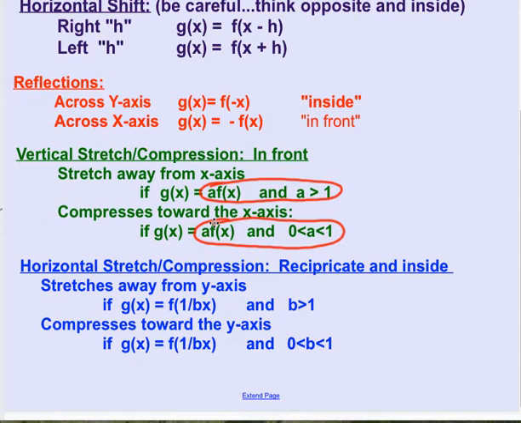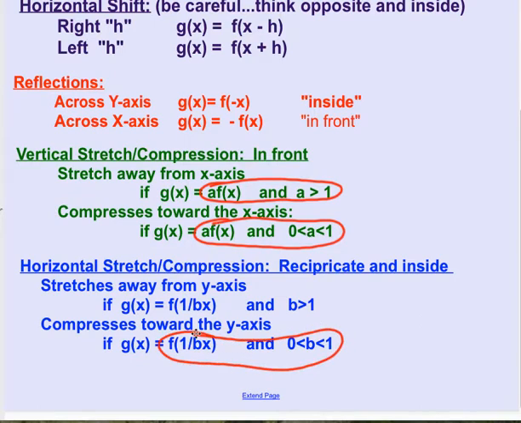However, for the horizontal stretch and compressions, it's the reciprocal. It's the opposite of what you think. Not the opposite as in positives or negatives, the opposite of what you think. So if you are multiplying by a value greater than 1, it's actually a compression.